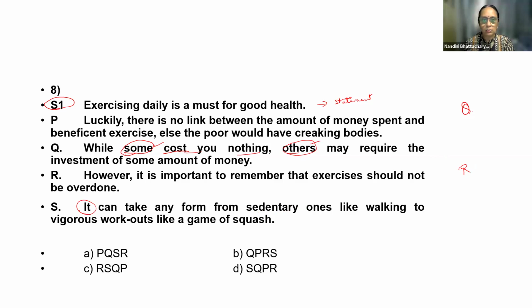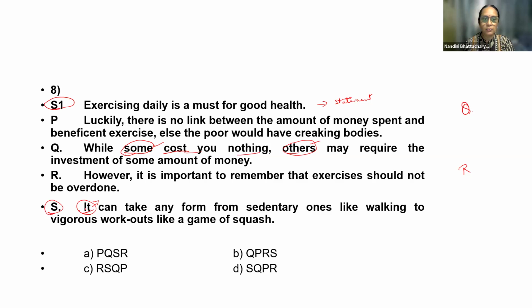But now, where would S come? After whom? After which statement? It begins with "it." Now we have a pronoun here.